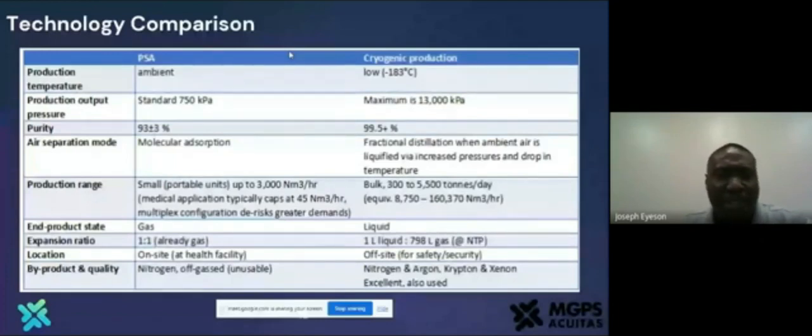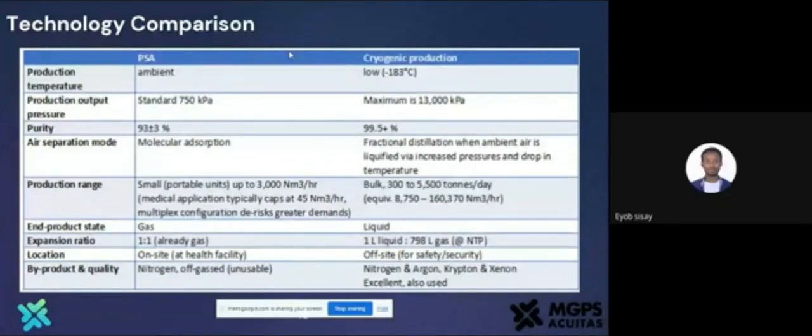And the purity you get from PSA is normally between 93 plus or minus 3. Cryogenic can give you 99.5 up to 99.99 purity, which means the purity of a cryogenic plant or of a liquid is very high compared to that of PSA.